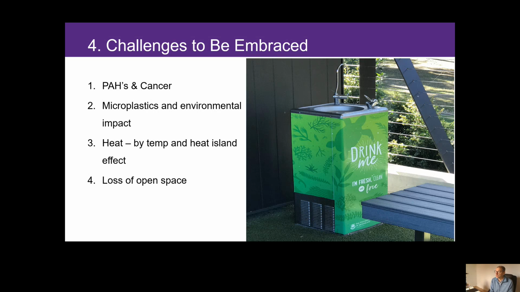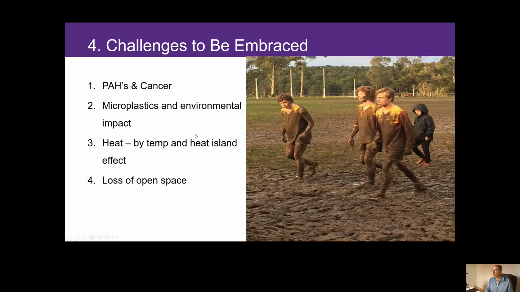So what we do is we put drink fountains in around the field. We don't put sprays onto the field because that increases the humidity, and that's dangerous for kids. We talk about the loss of open space, or communities do. But if you look at many fields around, these are how the fields are in the middle of winter. And that's not good for anybody.